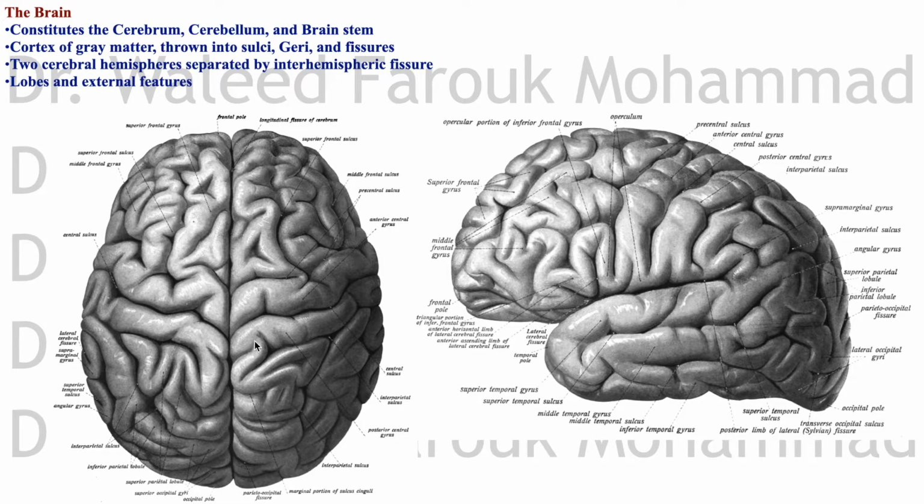This is the parietal lobe, this is the frontal lobe, and this is the occipital lobe. Don't forget the preoccipital notch that demarcates the beginning of the occipital lobe at the superolateral surface.